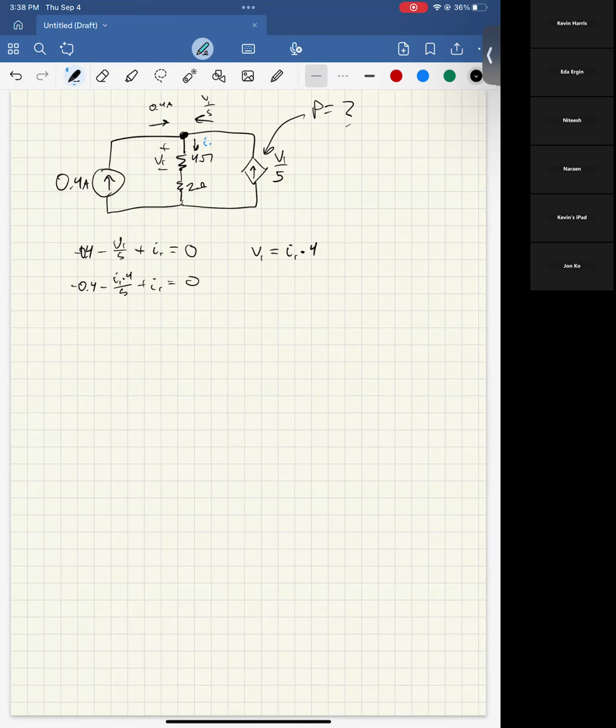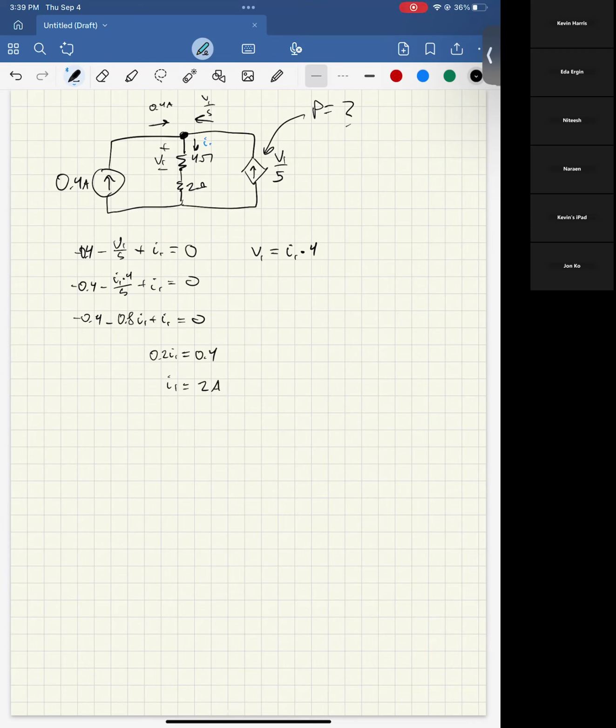Then we'll have minus 0.4 minus 0.8 I1 plus I1 equals 0. Then this will get us 0.2 I1 equals 0.4. Then I1 would be equal to, multiplying each side by 5, 2 amps.